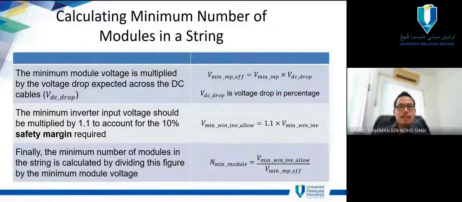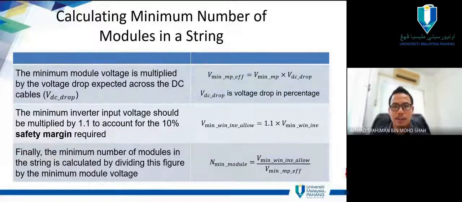Okay. Why is this voltage important? After we know the maximum voltage of the inverter, we need to do some calculation. The calculation that we are going to do is calculating the minimum number of modules in a string.